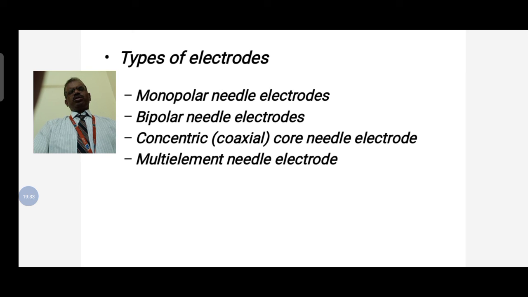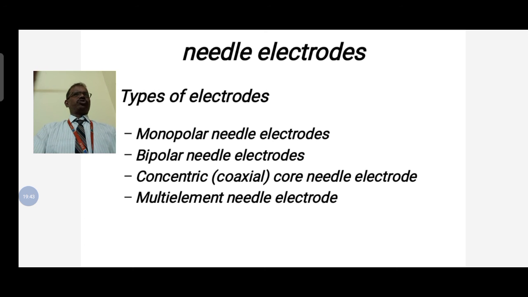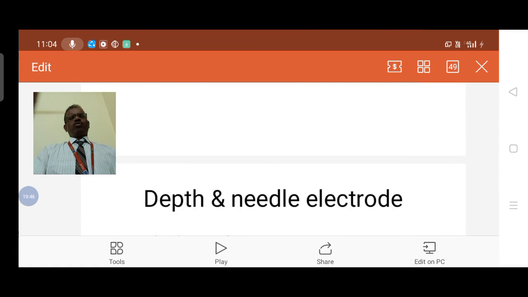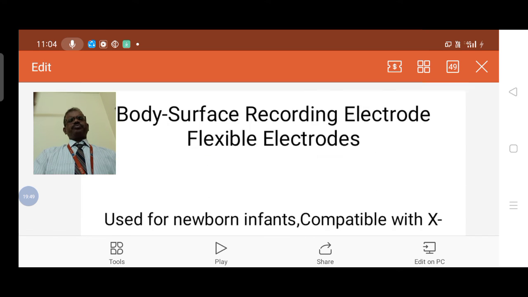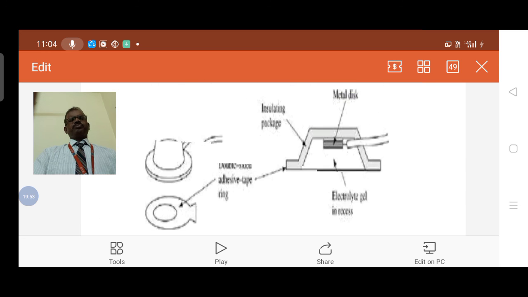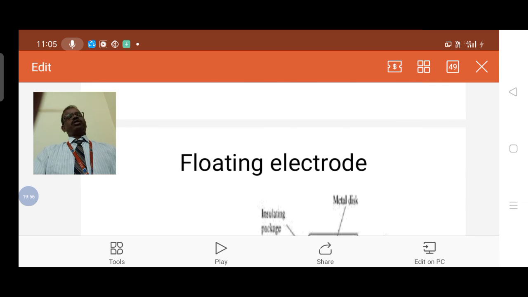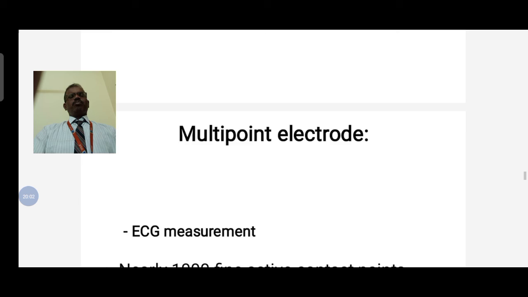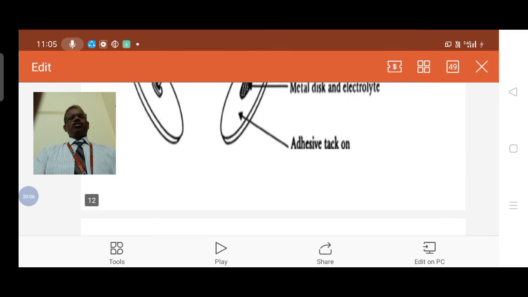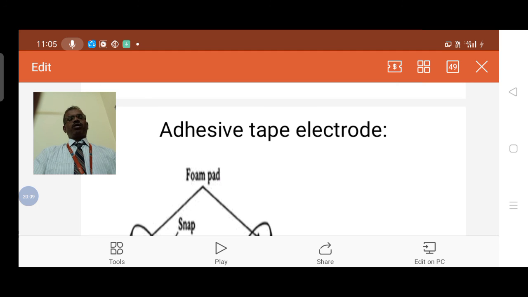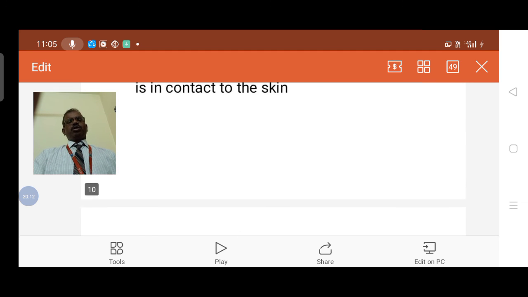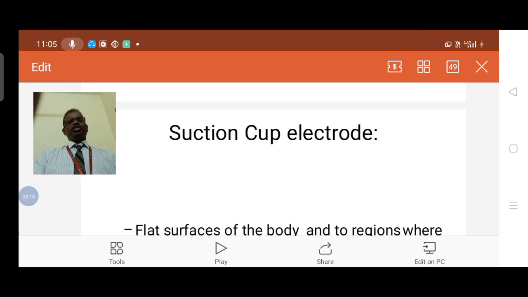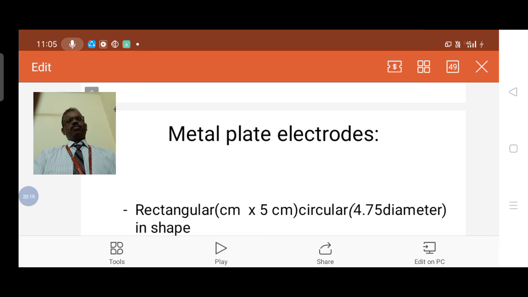So in this class, we discussed different types of electrodes, and before this, the construction and structure of the different types of electrodes: floating electrodes, adhesive tape electrodes, suction cup electrodes and metal plate electrodes.